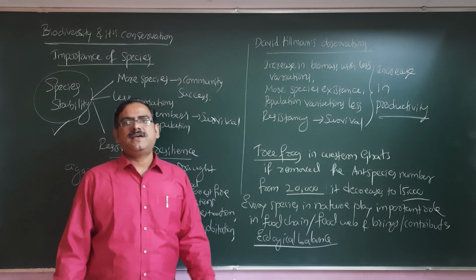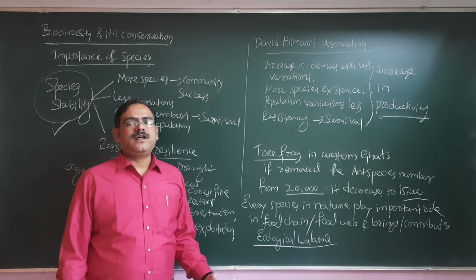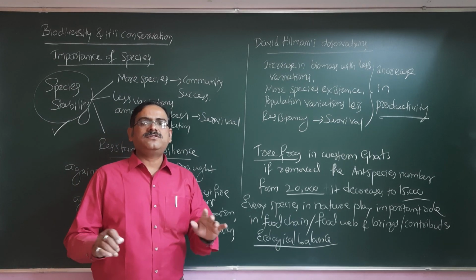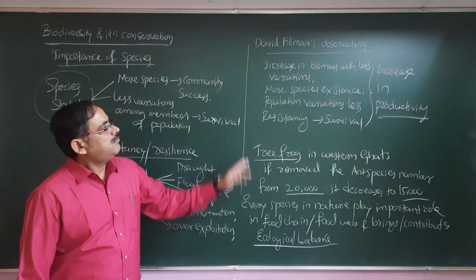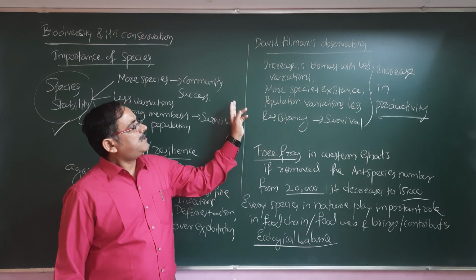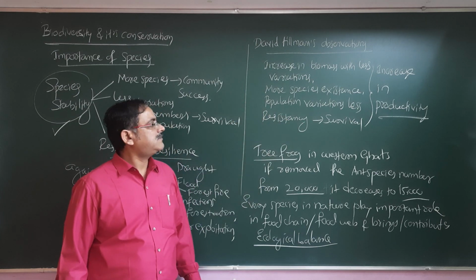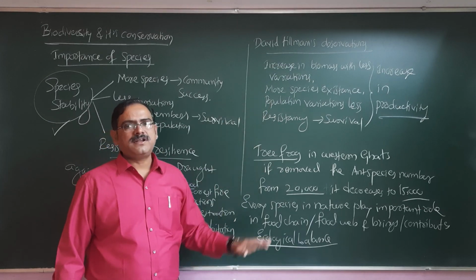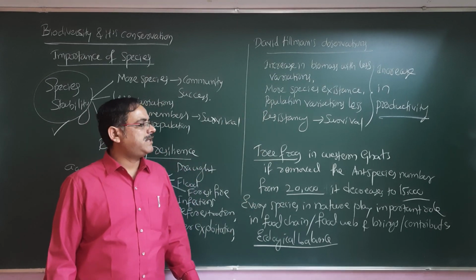When biomass is there, plants are more, herbivores are more, and even the carnivores survive well. With more species existing, population variations are less and resistance is more. That all leads to survival and also increases productivity.